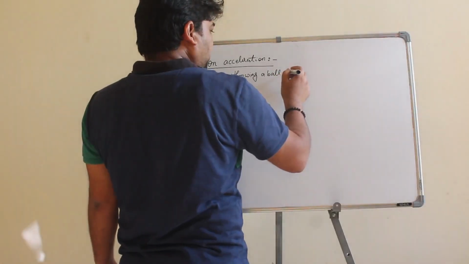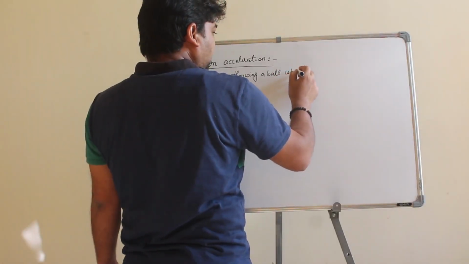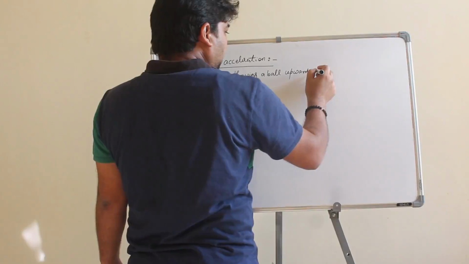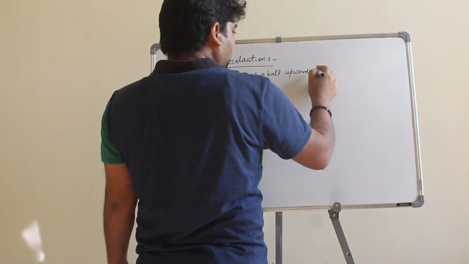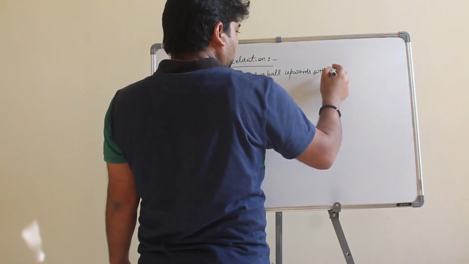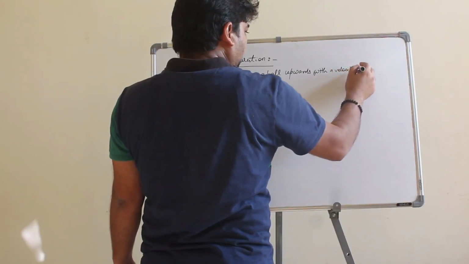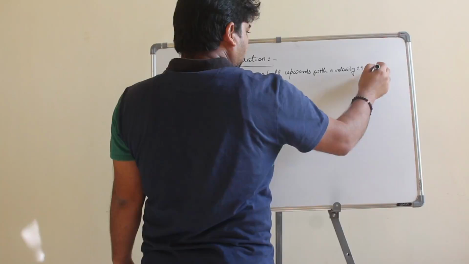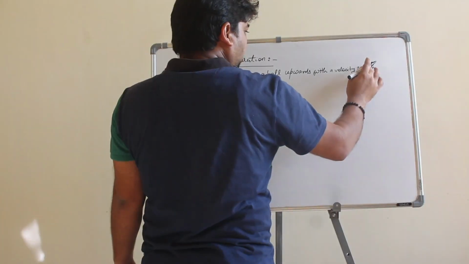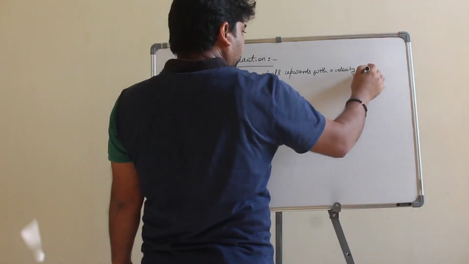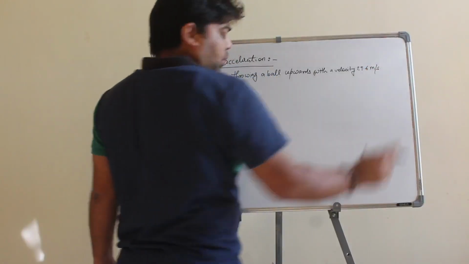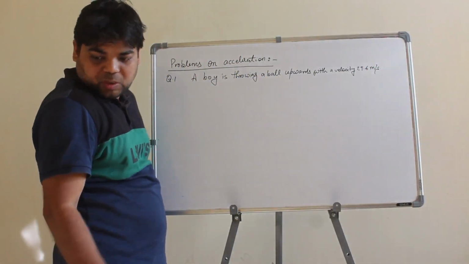The boy is throwing a ball upward with a velocity of 29.4 meters per second.